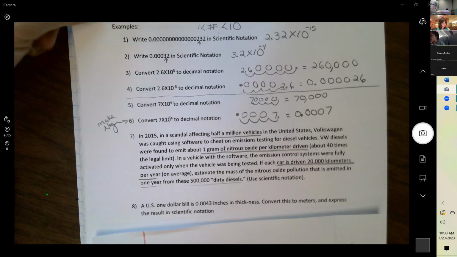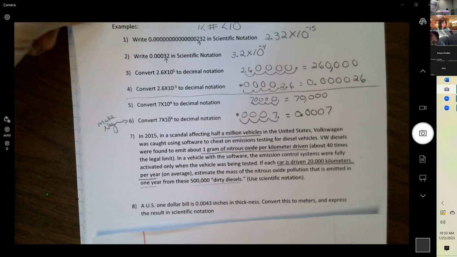4.3 times 10 to the negative 3rd power. That would be scientific notation for this one. 4.3 times 10 to the negative 3. But they want it in meters. So we have inches.